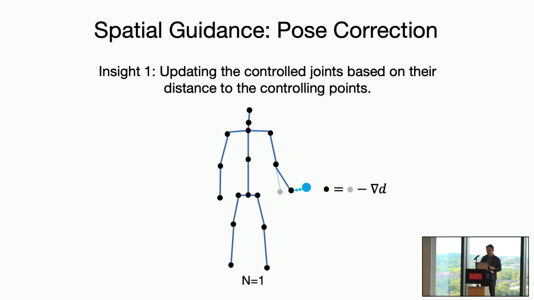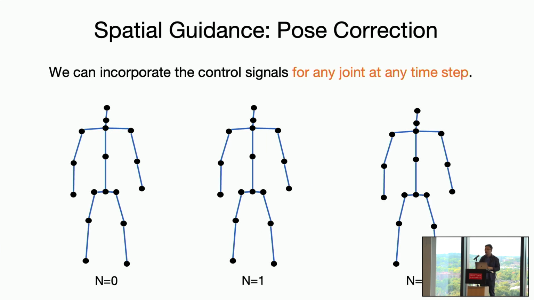And here, this definition is so simple that it can be applied to different joints in the output. For example, for some reason, the user may simply specify, well, in the first time step and in the last step, for a particular joint, their location should be at this place.